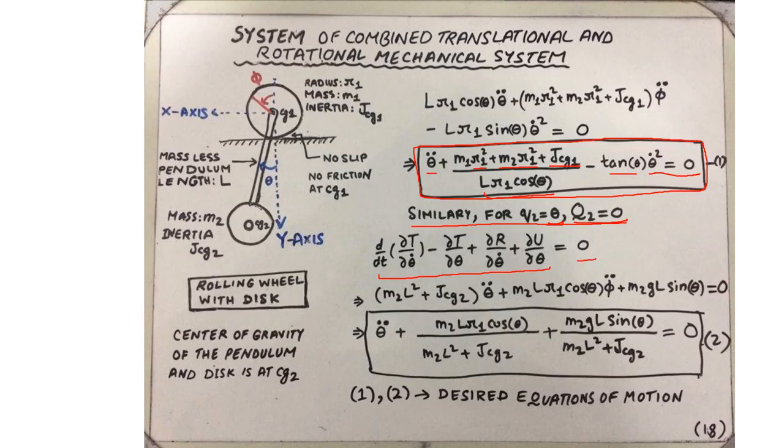Plugging in the expression for each term, we arrive at the second equation of motion, which says that theta double dot plus m2 l r1 cosine theta divided by (m2 l square plus jcg2) plus m2 g l sine theta divided by (m2 l square plus jcg2) equals 0. And these two equations completely describe the equations of motion as required.